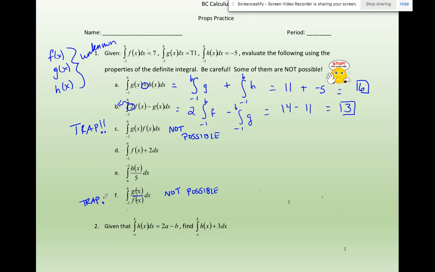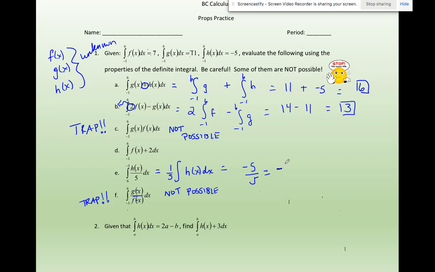This one is definitely a trap. That's not a quotient of 2 functions. That actually is 1/5, which you can osmosis outside of h. So what is h? H is -5, but I'm supposed to multiply it times 1/5.